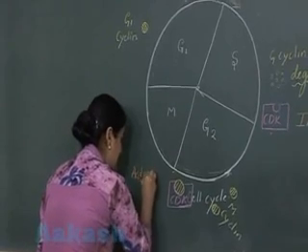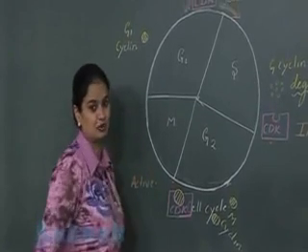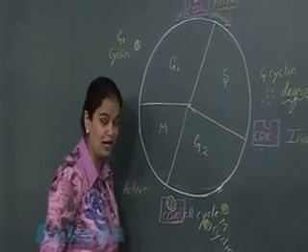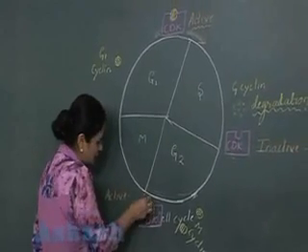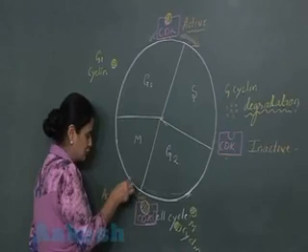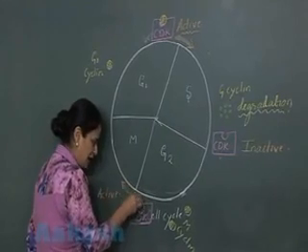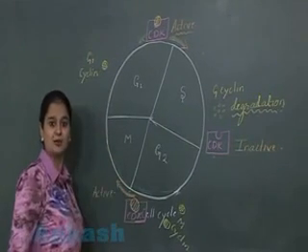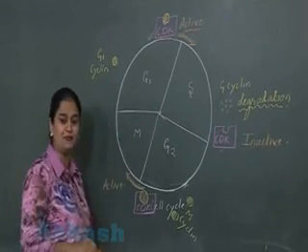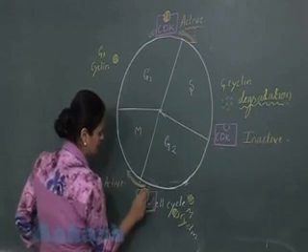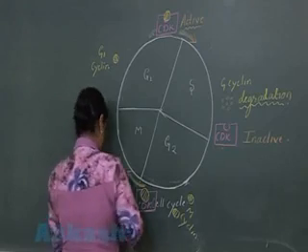So again the CDK is active, and this will result in the transition from the G2 phase to M phase, right? Now again at the end of the M phase, there is degradation of M cyclin.